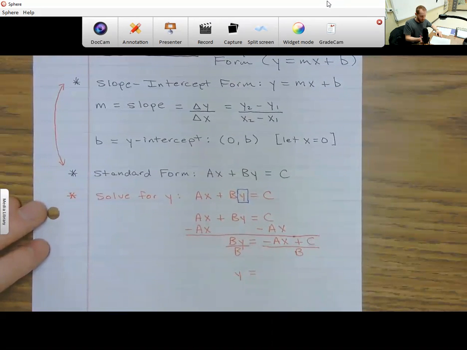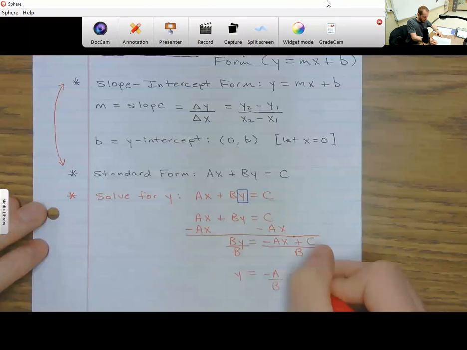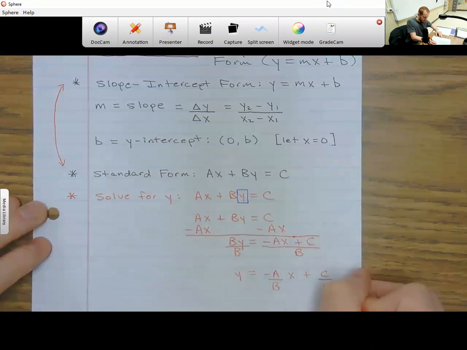Okay? So I'm going to have negative a over b times x plus c divided by b. And now y is by itself. So I'm done.